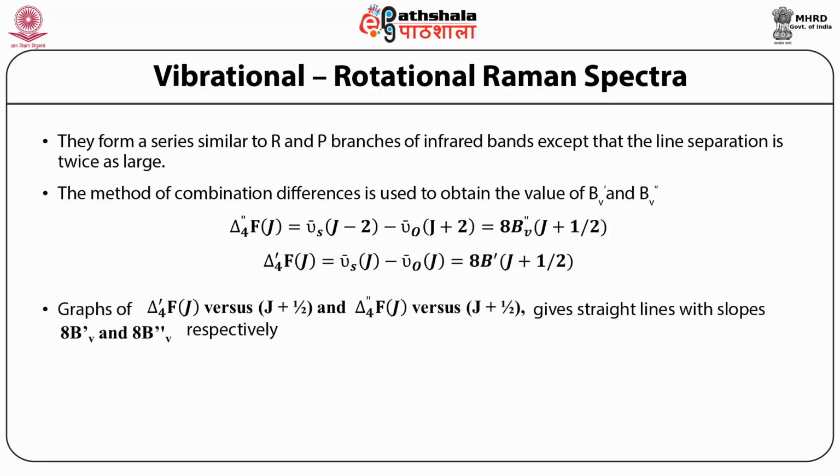Graphs of delta 4 prime F(J) versus J plus 1/2 and delta 4 double prime F(J) versus J plus 1/2 give straight lines with slopes 8B nu prime and 8B nu double prime respectively.